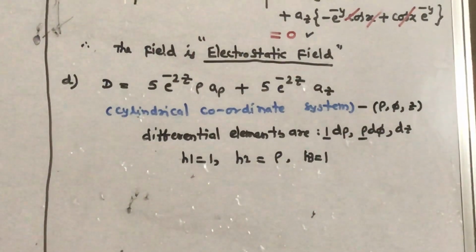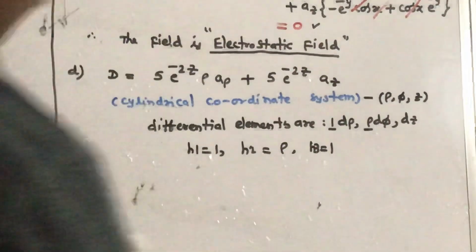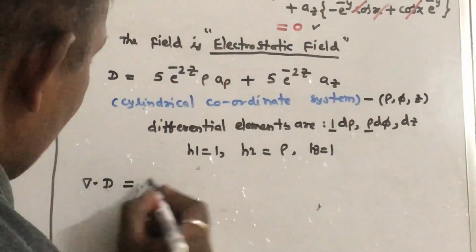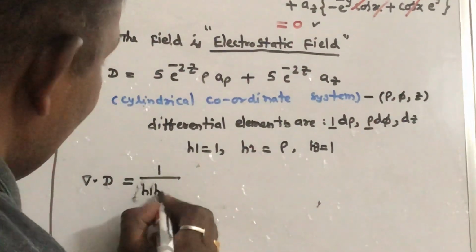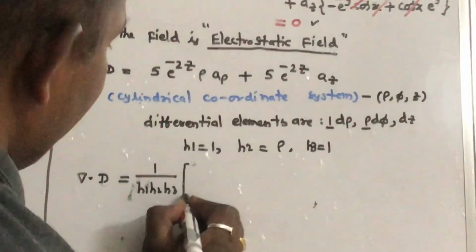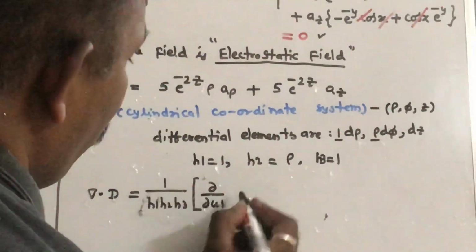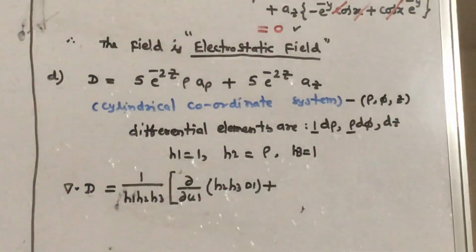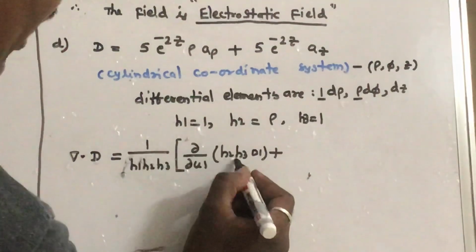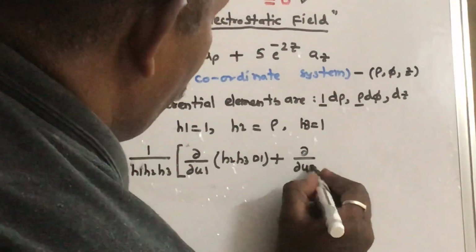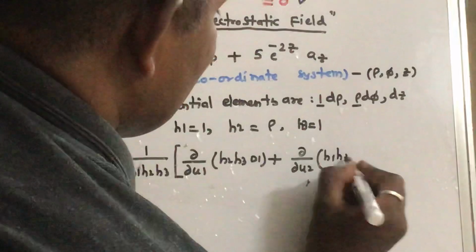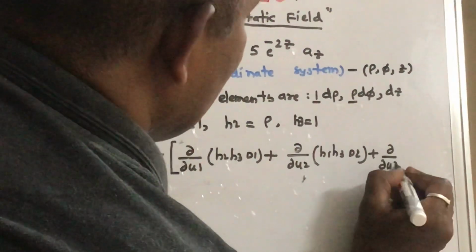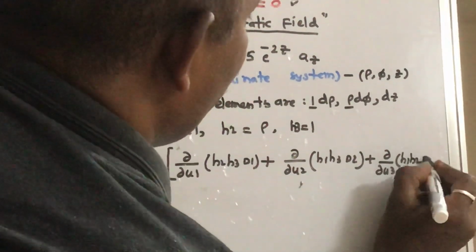Now let us find out the divergence formula. You cannot write the divergence formula first. You have to write like this. The divergence of D. So first we have to write the generalized formula. Remember this generalized formula: 1 by h1 h2 h3 into dou by dou u1 of h2 h3 into D1, plus, while differentiating with u1 take h2 h3, so dou by dou u2 of h1 h3 into D2, plus dou by dou u3 of h1 h2 into D3.